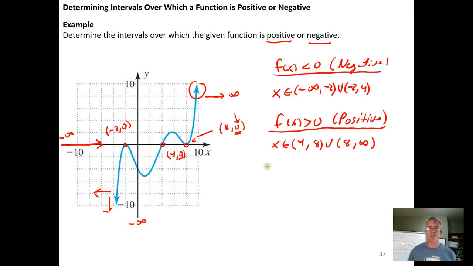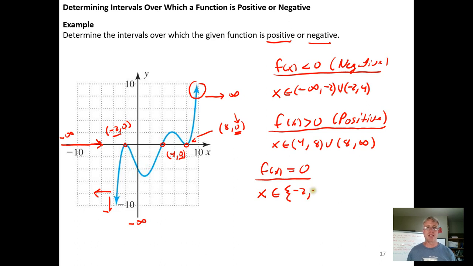We could ask the question, where is f of x equal to 0? And for this I would actually use set notation, because there's a very easy to list finite set of places where that happens. The function is equal to 0 when x is -2. It's not an interval.